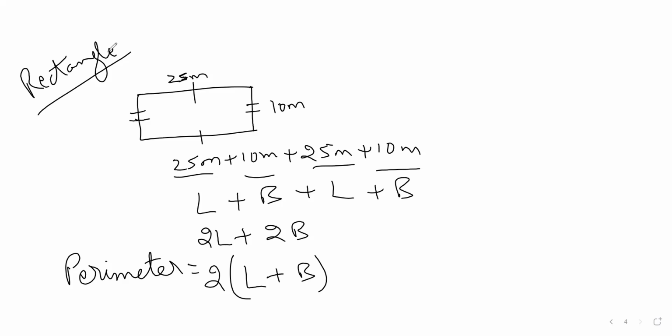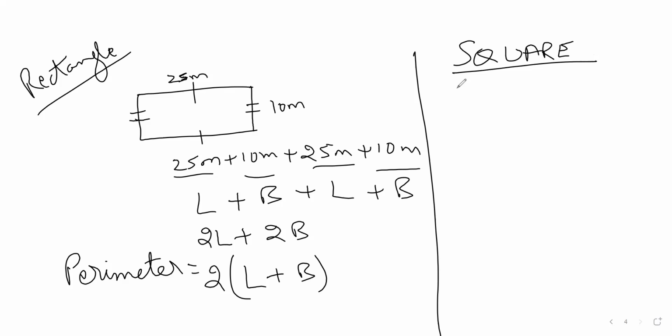Perimeter of rectangle. Understood? Yes. So this is very easy. And perimeter of a square, if you have to find the perimeter of a square, that is much easier than this. Okay, you know in a square all the 4 sides are equal.